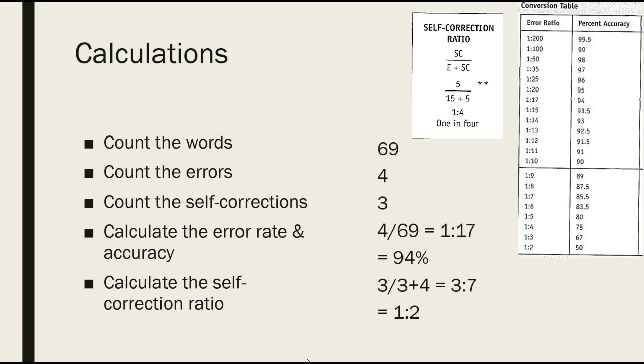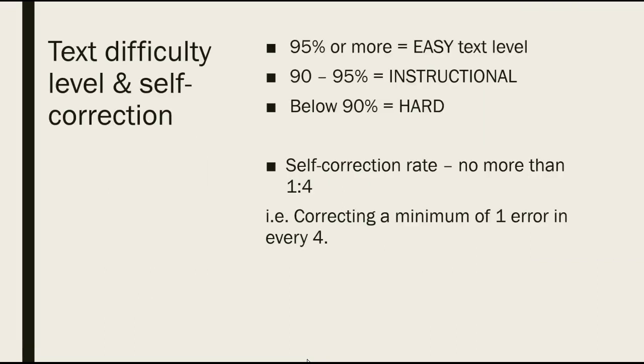So what does this all mean? Well, as we can see here, a text between 90 and 95% accuracy is judged as instructional. So Ben's teddy bear, the text that we just saw, is instructional for this child. Using the text level against the expectations for the child's age, we can see if the child is reading at, above, or below his or her age.